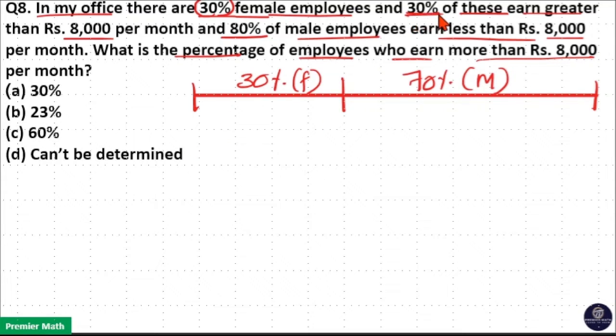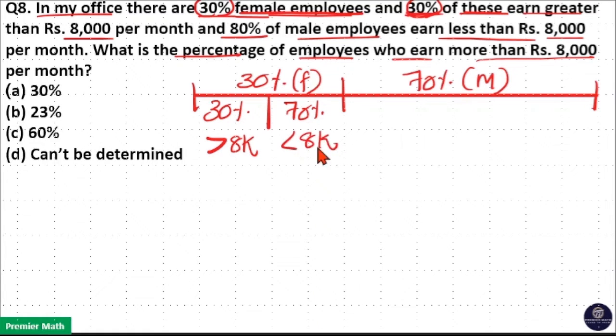Now, 30% of these earn. This means 30% of these female employees earn greater than rupees 8,000. So, out of this 30%, earn greater than 8,000 rupees per month. And remaining is 70%. So, 70% earn less than 8,000 rupees.